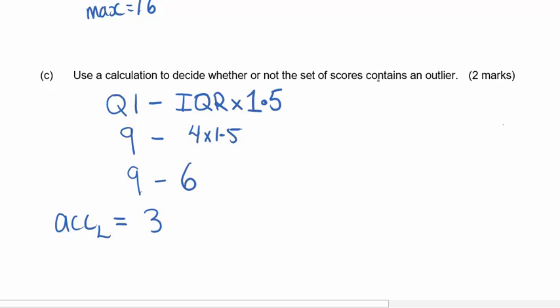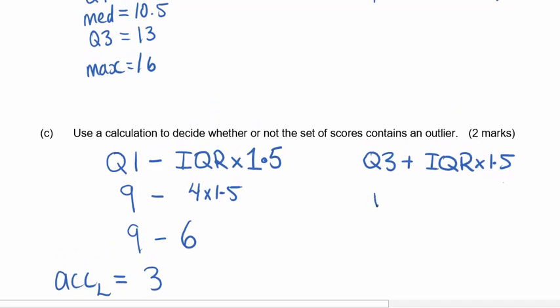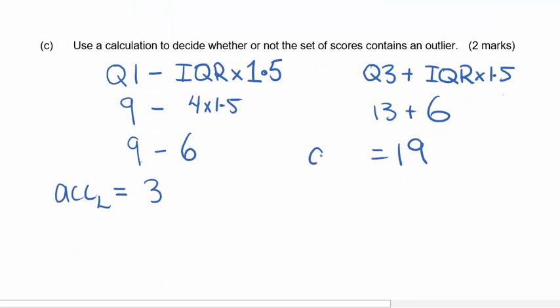And so then our highest acceptable number is our third quartile plus that same value. So I don't have to go through and calculate it again. We can go straight to Q3 was 13 plus our 6 here. And so our highest acceptable value is 19.